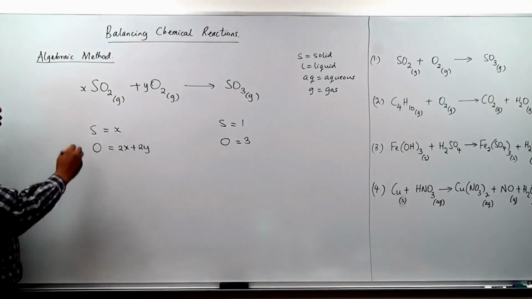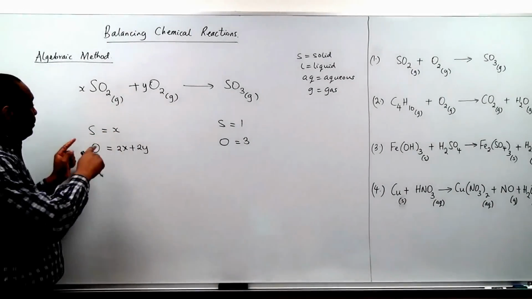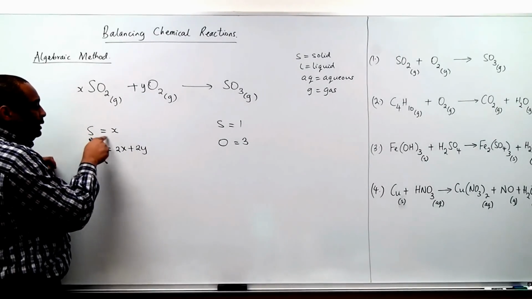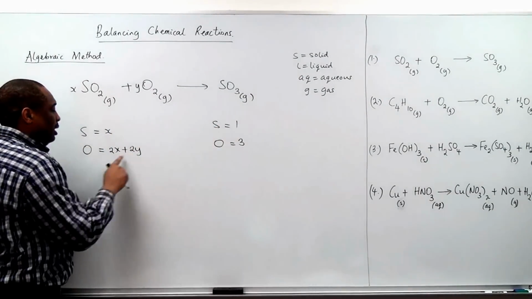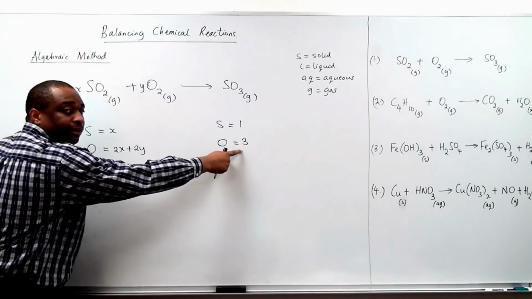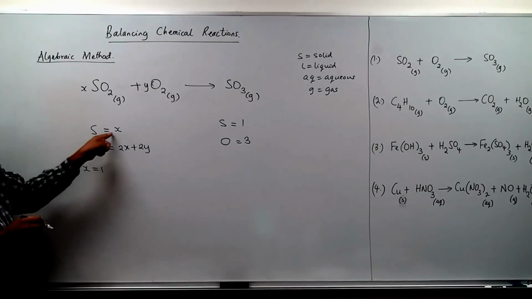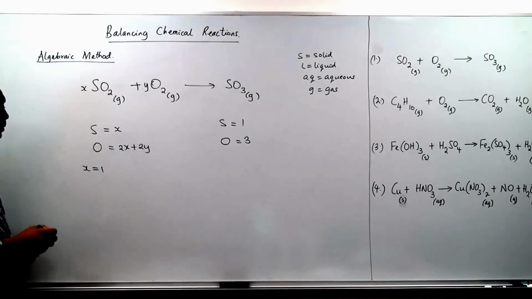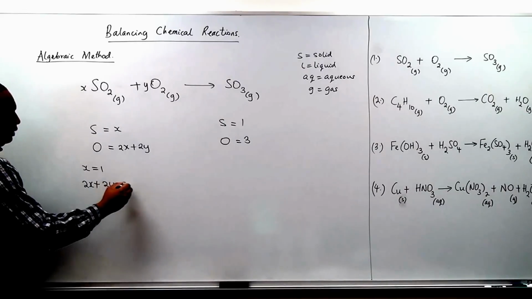So we now do it algebraically. What do I mean by that? You equate S to S, so X equals 1, and then O to O, that is 2X plus 2Y equals 3. From here we find that X is 1. And then 2X plus 2Y is equal to 3.